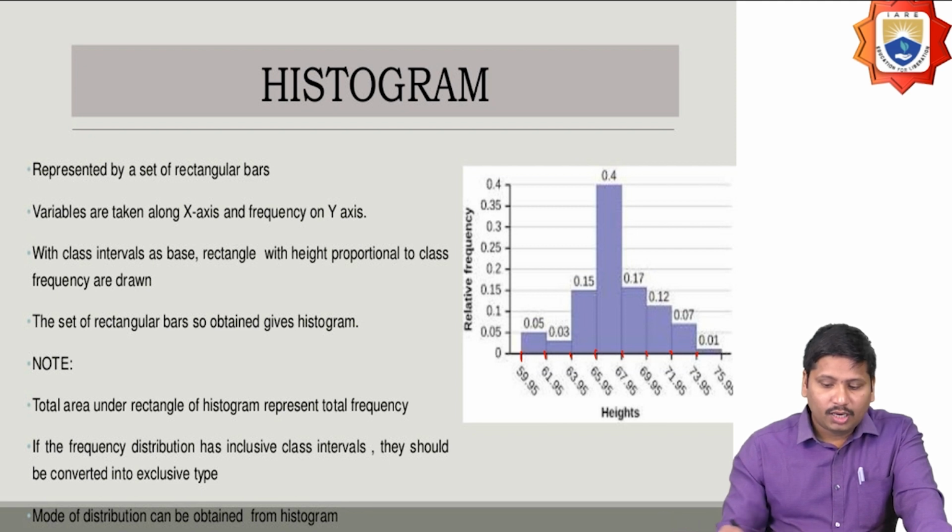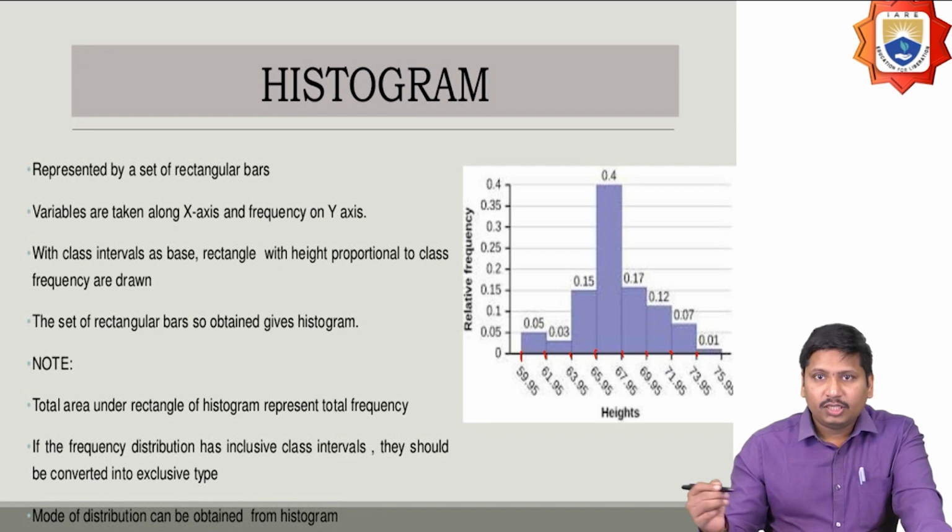All the class intervals should be the same, like with a difference of 2 points or 3 points, like this we can show it. The set of bars obtained is the histogram, and the total area under the rectangles of the histogram represents the total frequency.